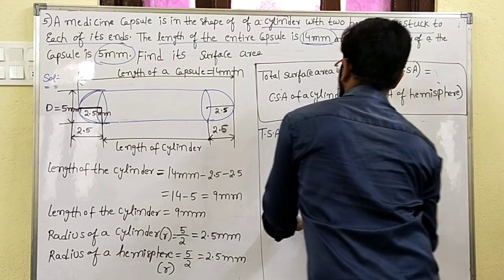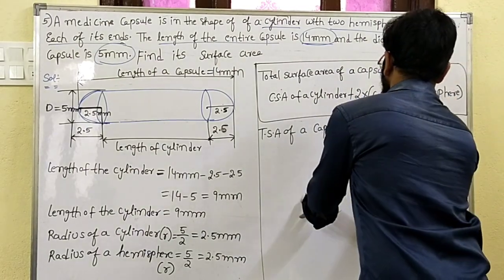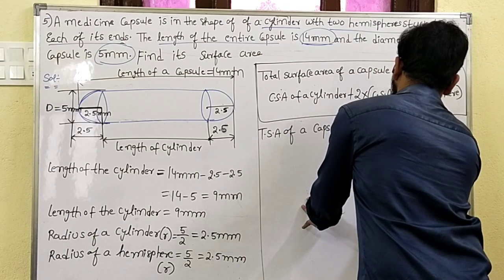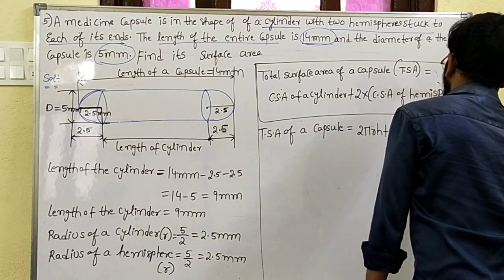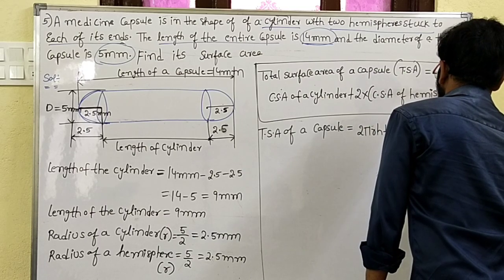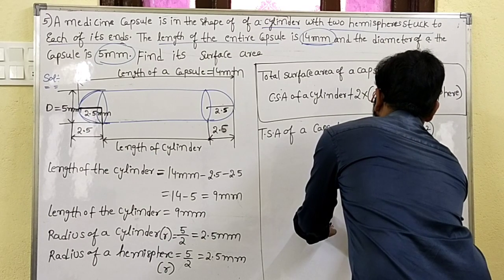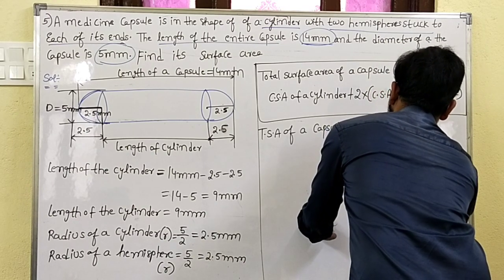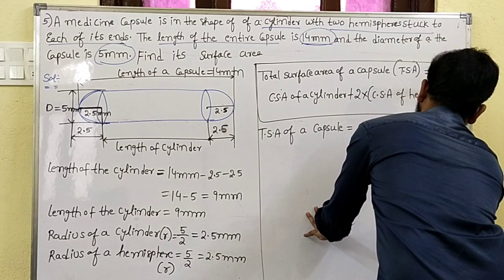is equal to the CSA of a cylinder plus 2 into the CSA of a hemisphere. The CSA of a cylinder formula is 2 pi rh. The formula for the hemisphere is 2 pi r square, so 2 times that is 4 pi r square.